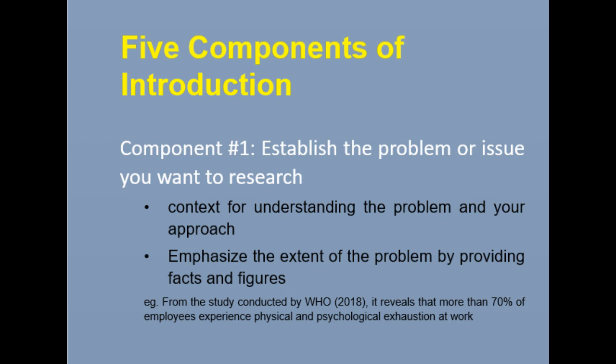So more highlight is given on this dependent variable. You have to write the context of understanding the problem and your approach. Highlight also the importance of the problem or issue and make general statements about it. And present an overview on current researches on that issue or problem.